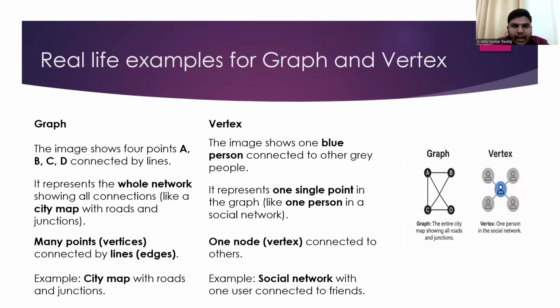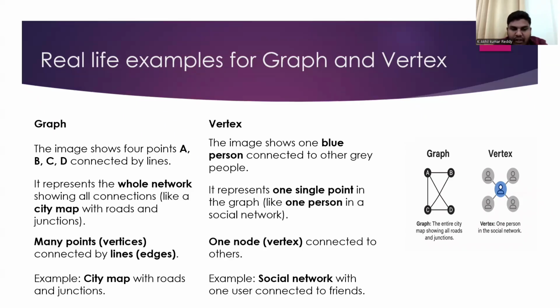Let us discuss real life examples for graph and vertex. Graphs and vertices are used everywhere. On the left, we see a graph representing a full network. Imagine it shows 4 points A, B, C, D connected by lines. It represents the whole network, showing all connections like a city map with roads and junctions.